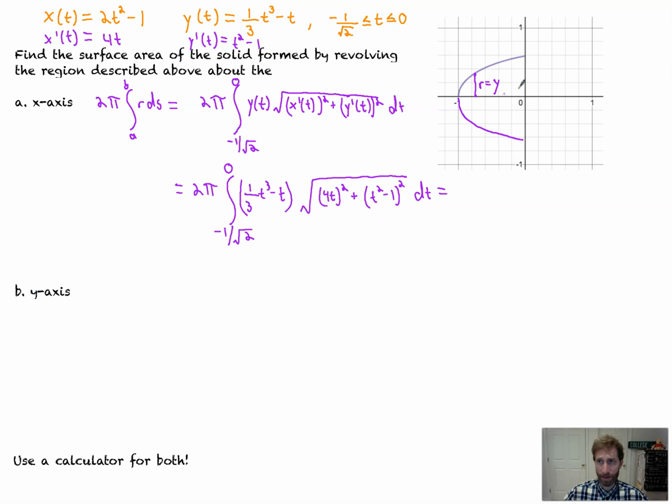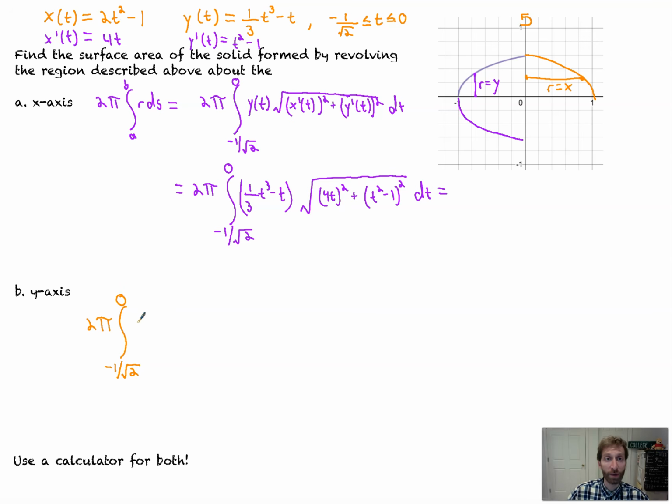So the y-axis now, if we're rotating that way, do that in a different color. It's going to be rotated like this. And so that's going to be like so. So now here, my radius is now x, r equals x. So we're going to use the same formula, except r is now x. So that's going to be 2 pi times the integral from, again, the same limits, -1 over root 2 to 0.